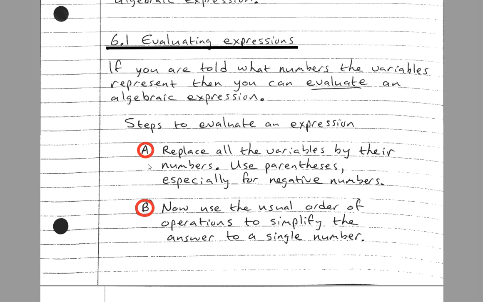Two basic steps. First step, step A, replace all the variables by the numbers. So you'll be told explicitly which number each letter represents, and then you just substitute.